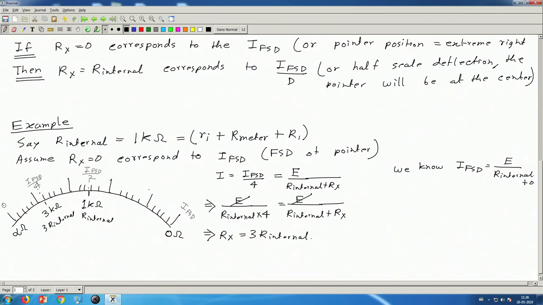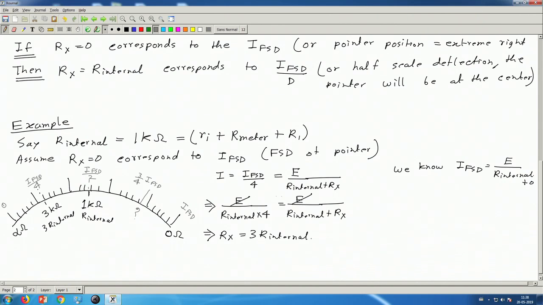And what will be this position, say 3/4 of FSD, this position which is IFSD multiplied by 3/4? So what will be the value of resistance here? Let us find that out.